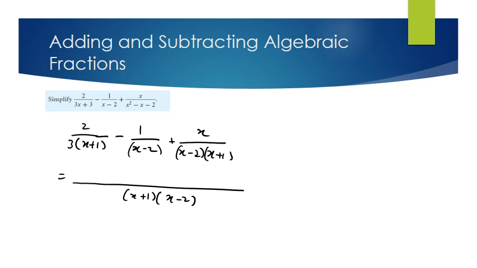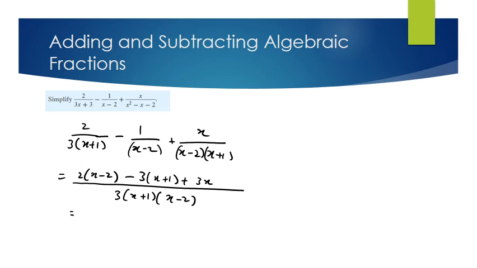Now, in the first one, we're missing an x minus 2, so multiply that. The second one, missing 3, and also x plus 1. And the last one, missing 3. So then you can leave the bottom, you don't have to expand it out.